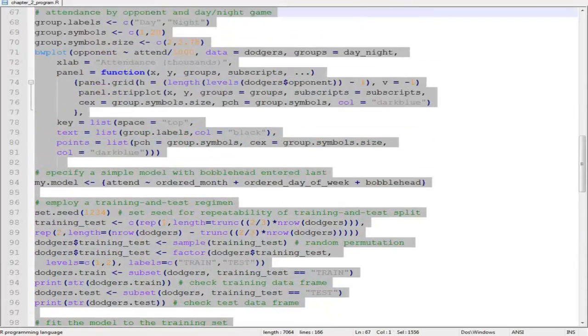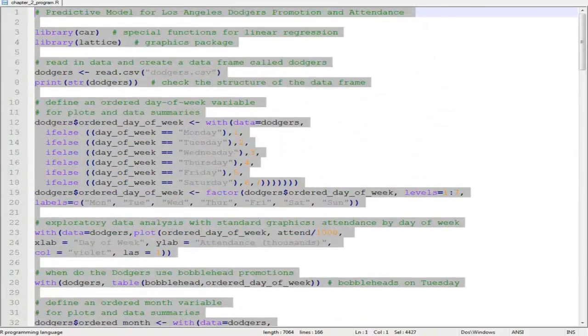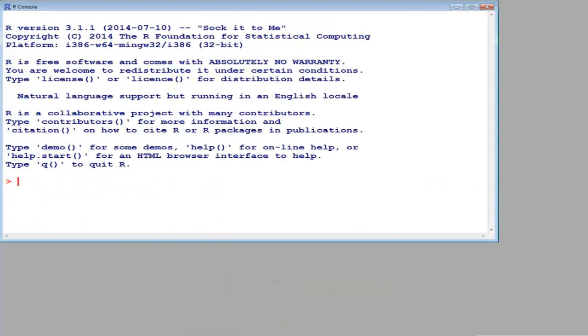I'm going to put all of this into R, but this doesn't work, right? I have to load in some libraries. So let me load in some libraries first. So what are the libraries I need?